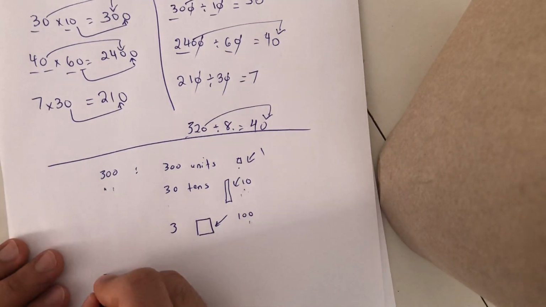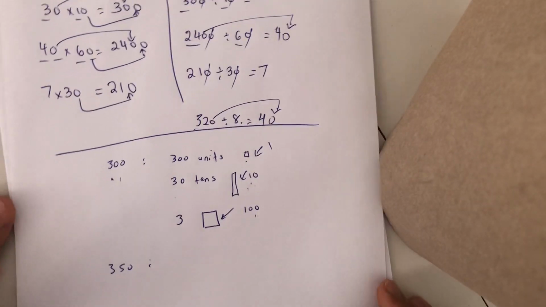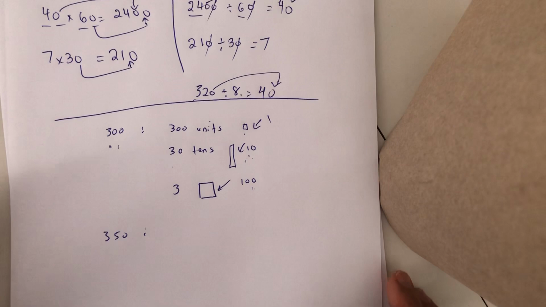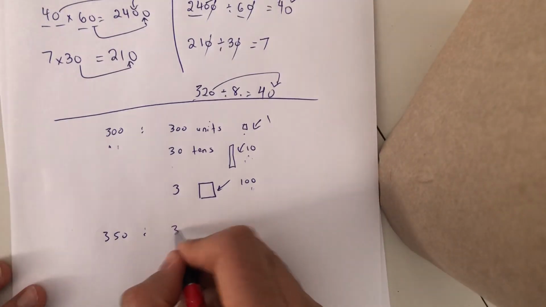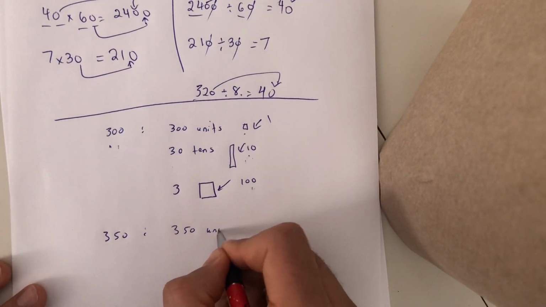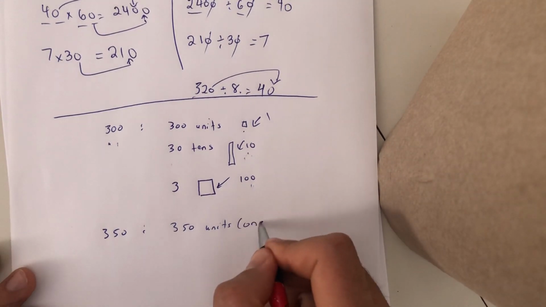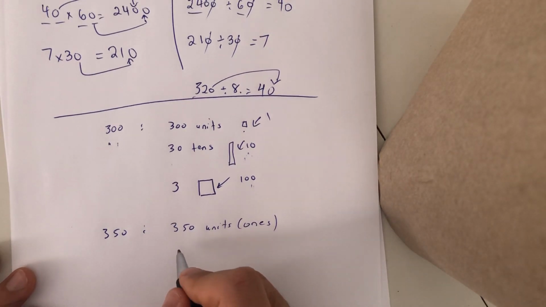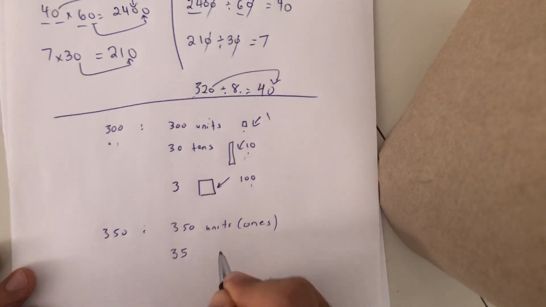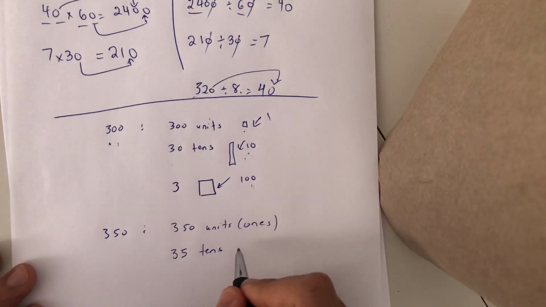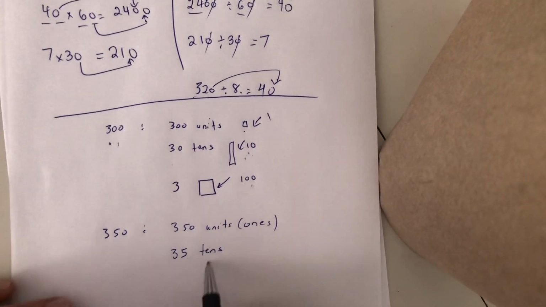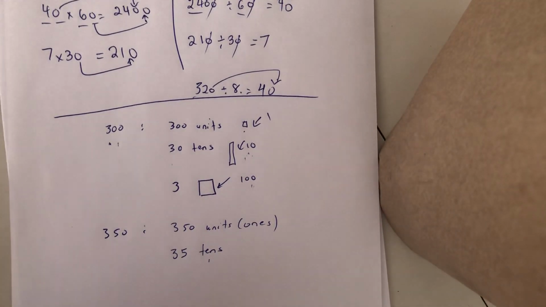I'm going to give you another example. 350. How can I represent 350 using base 10 blocks? Again, simply you could say 350 units or 350 ones. I could also say I could use 35 tens. Again, each rod is worth 10.